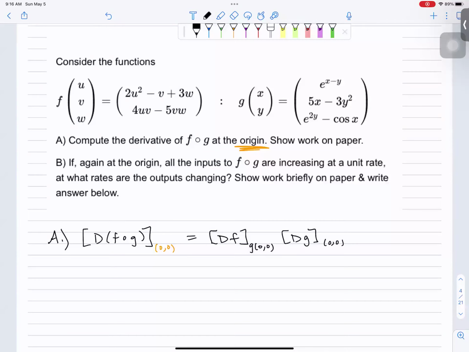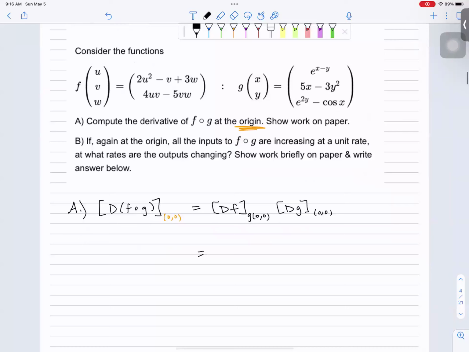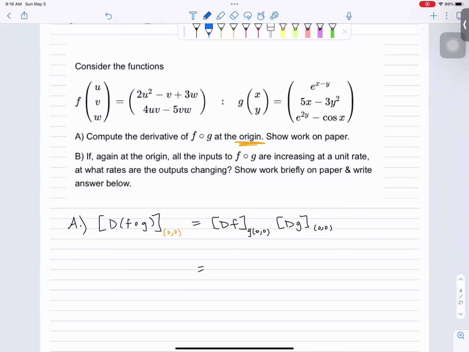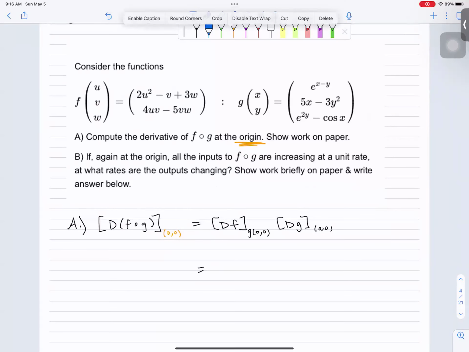Okay, what is df? Let's first make sure we get the size correct. F has 3 inputs and 2 outputs. So what should my derivative matrix size be? It should be a 2 by 3 matrix.